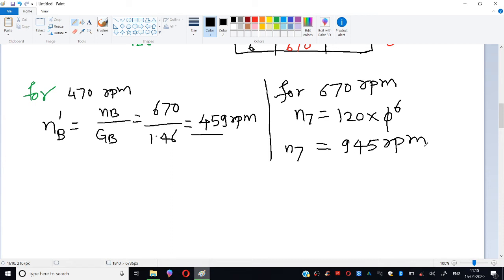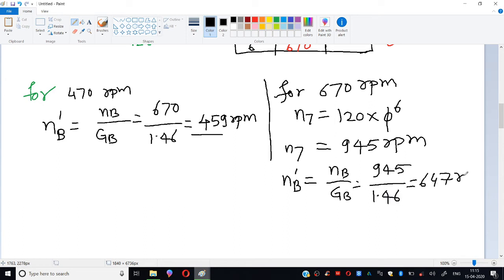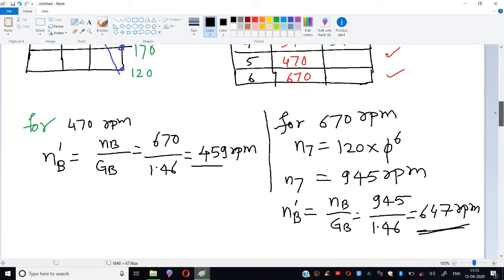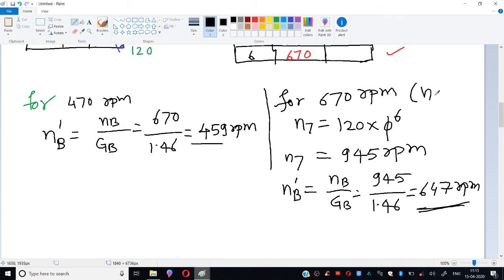Now for 945 rpm we calculate n dash b, which is equal to nb upon gb, which is 945 divided by 1.46, which is equal to 647 rpm. As the deviation is for the last speed, n6, we have used the additional speed n7.